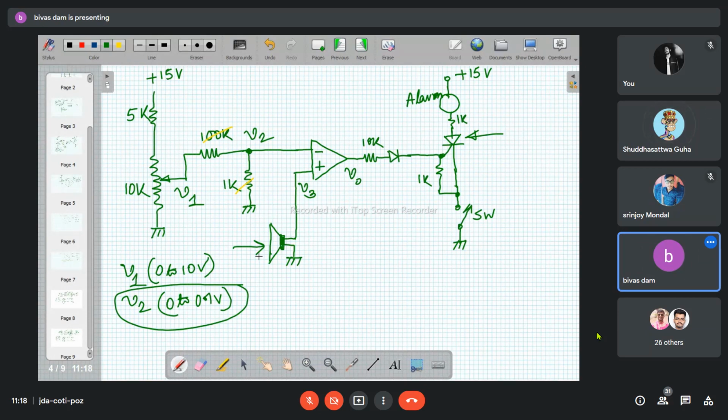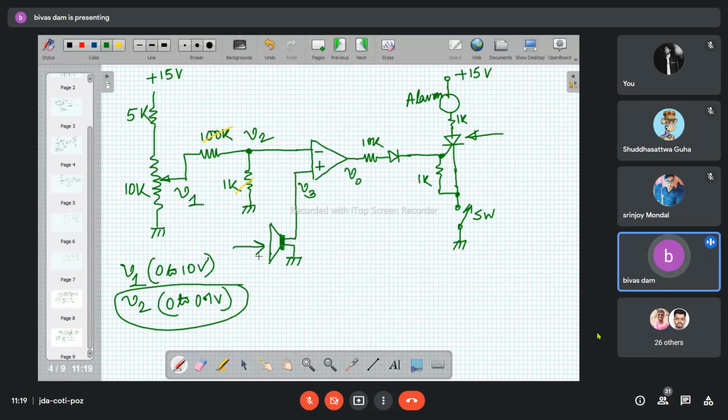Okay, but you can definitely adjust these resistance values, 5K, 10K. If you need something more than 0.1 volt at V2, you will definitely change that 10K to somewhat more. Let it be 20K, let it be 15K, let it be 25K, whatever it is, it doesn't matter.